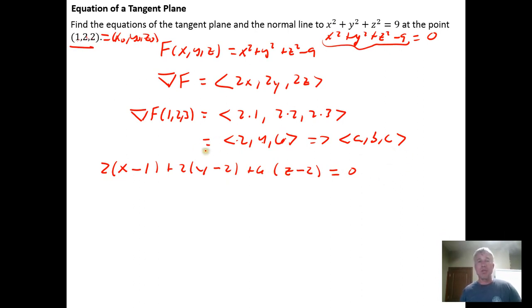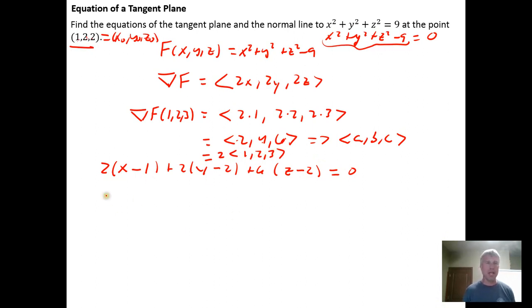However, what I could notice is that this vector that is perpendicular or normal to my surface can also be written as 2 times 1, 2, 3, and realistically you only need a vector ABC perpendicular to the surface. Any perpendicular vector works. So if I factor out the 2, I can start off with a smaller perpendicular vector.